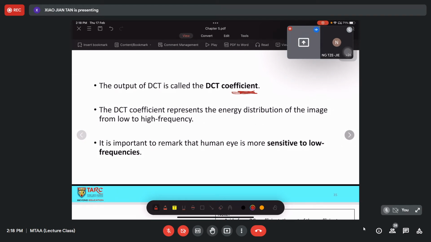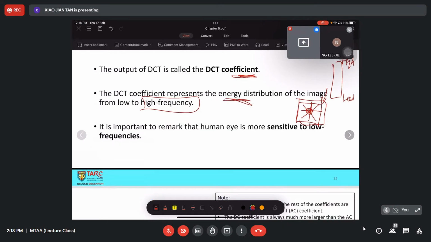So you can recall the energy distribution, the energy map, which is from low energy to high energy. So the high frequency information is described here, this is the origin, which is low frequency information, and this is the boundary, which is the high frequency information. It is important to remark that the human eye is more sensitive to low frequency information.